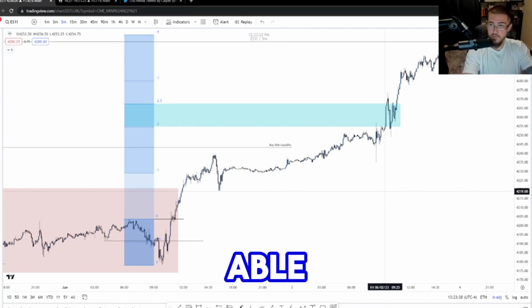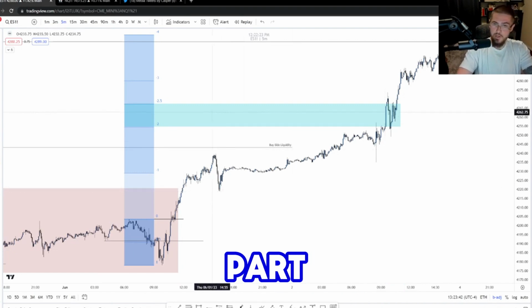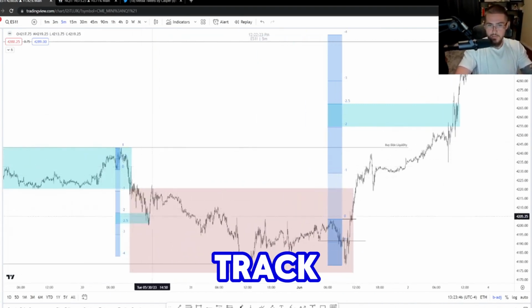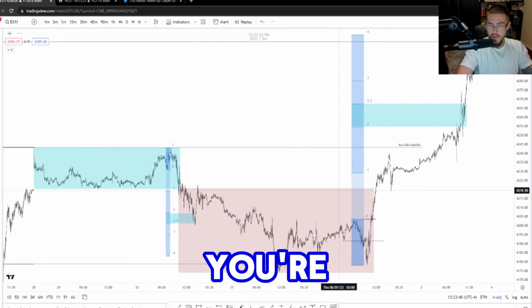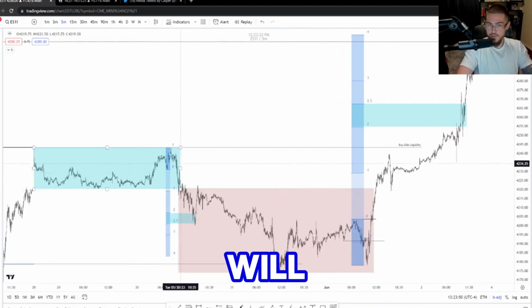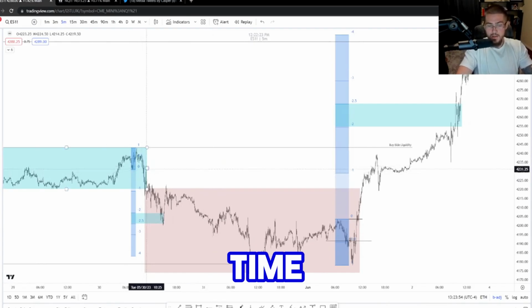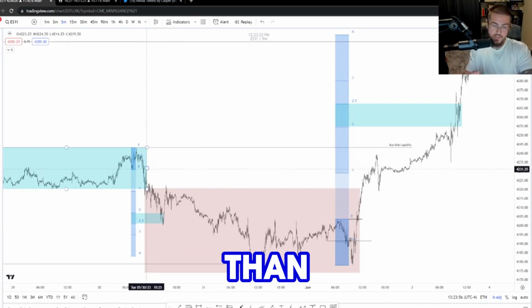But if you are able to compartmentalize each part and really conceptualize that everything you're doing in smart money is trying to track manipulation, and you base everything around that, then understanding where and when that manipulation is likely to occur based on time gives you more of a mechanical edge than just using price, because price candles are printing all the time.